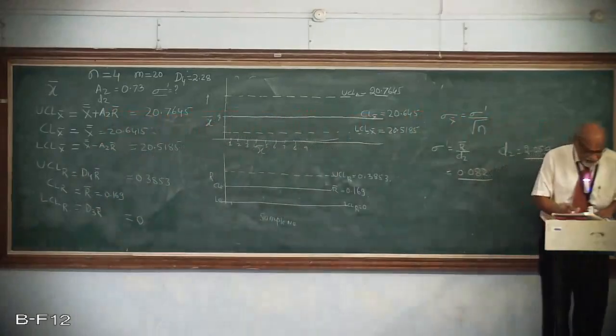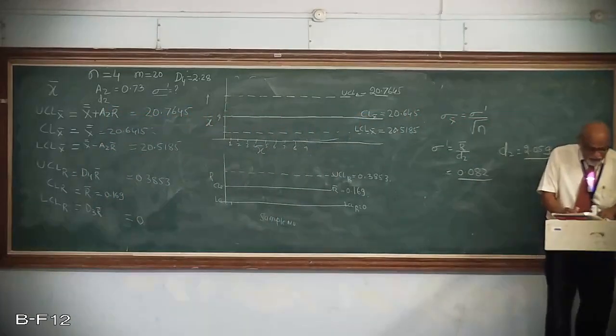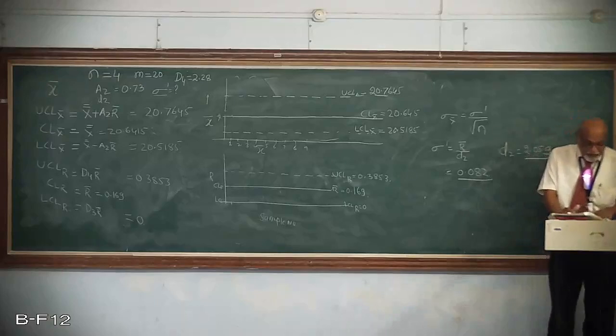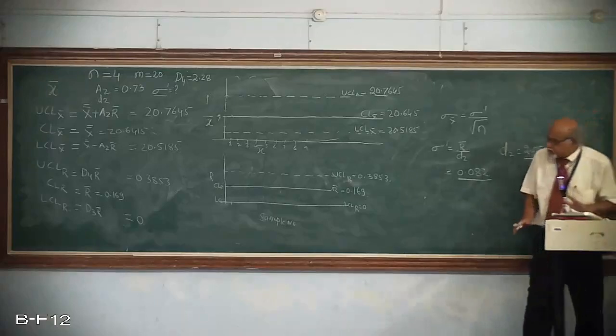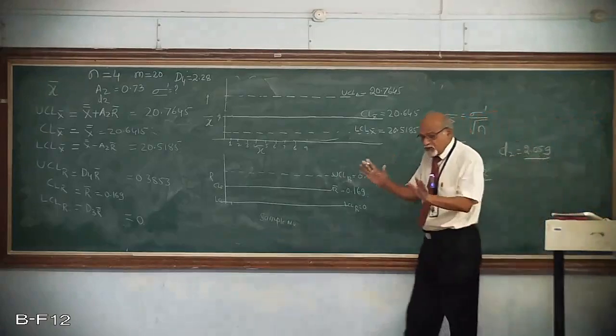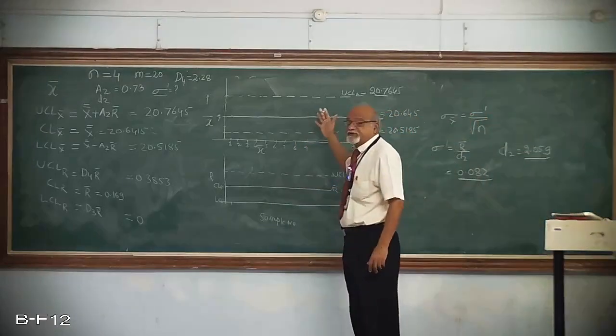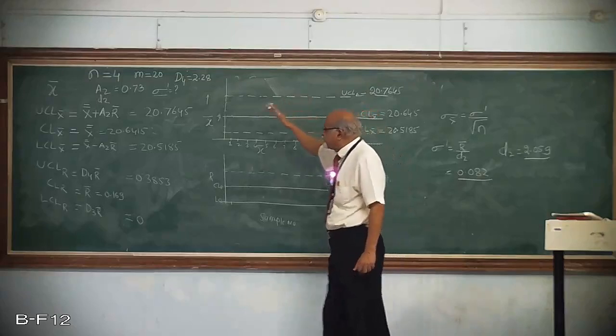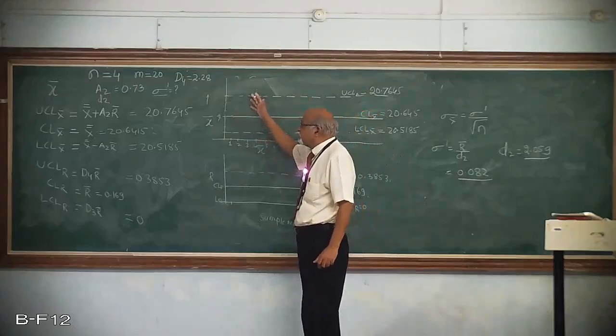So in this particular numerical example, it is already mentioned: compute the values of 3 sigma limits for the X bar and R charts and estimate the value of sigma prime. He has not stopped there, he has added, on the assumption that the process is in statistical control. Since he has mentioned it, I can find it out. If he had not mentioned it, I cannot find it out here, because the individual values of X bar or X are not given.